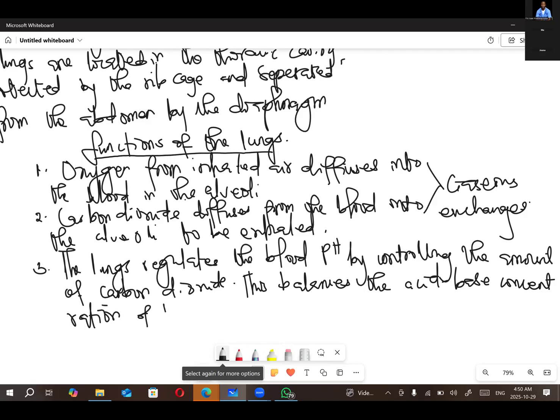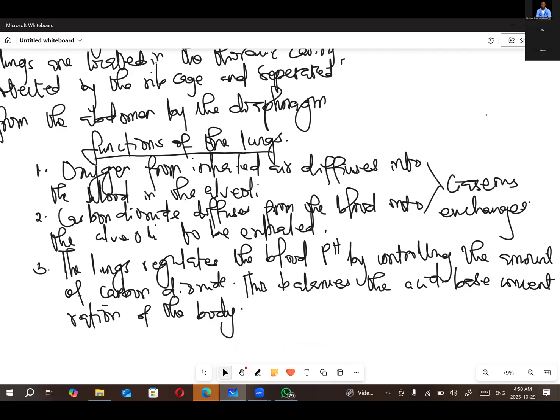So that is it. The lung regulates blood pH.